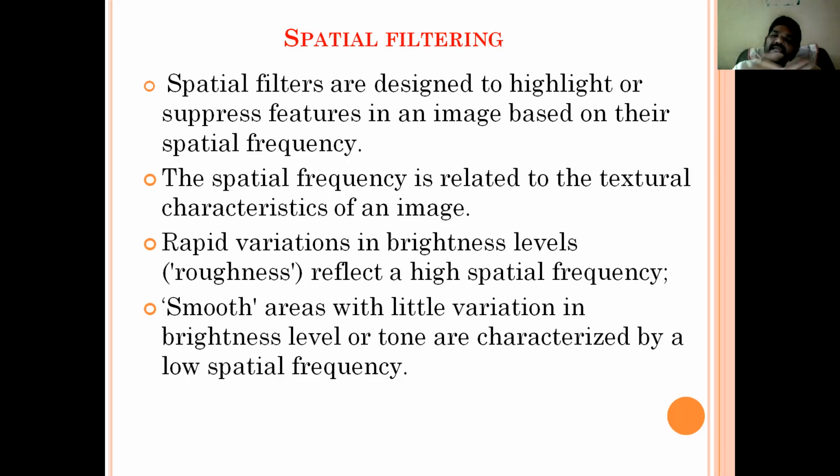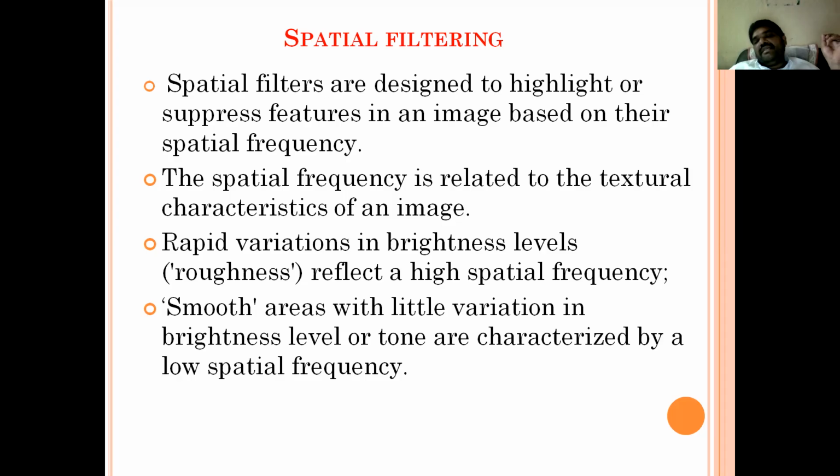Rapid variation in brightness levels, in an image of 6 by 6 or 5 by 5, gives a rough structure to the image, whereas simple variations give smooth texture.